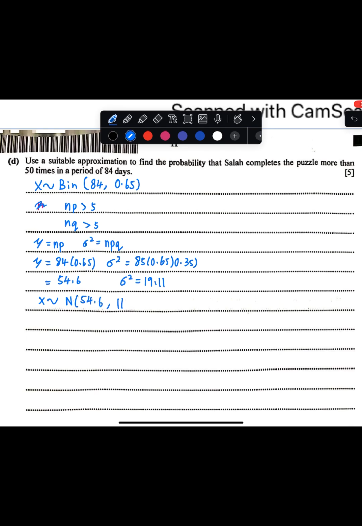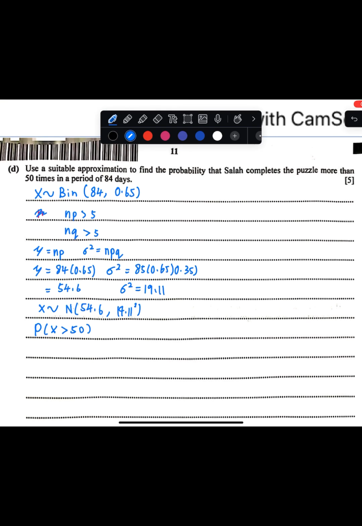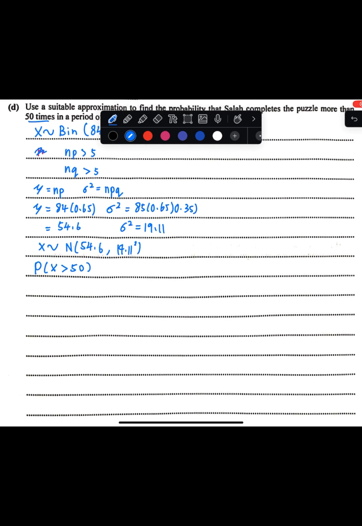So X follows normal with mean 54.6 and variance 19.11. Okay, so we want the probability of X bigger than 50 times, more than 50 times. Remember to do continuity correction, X bigger than 50.5.